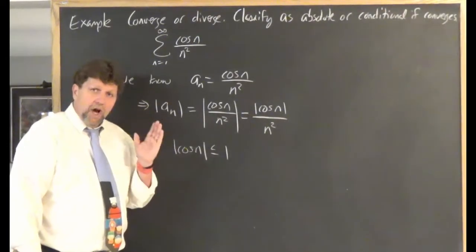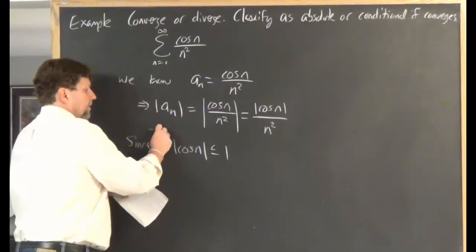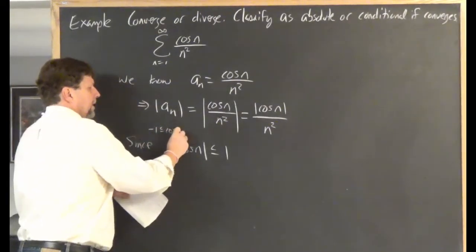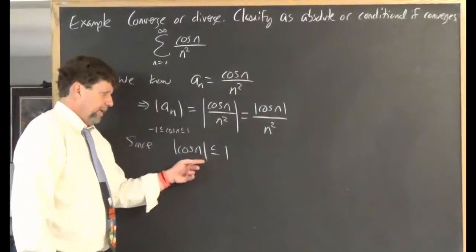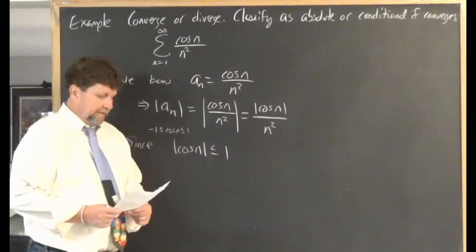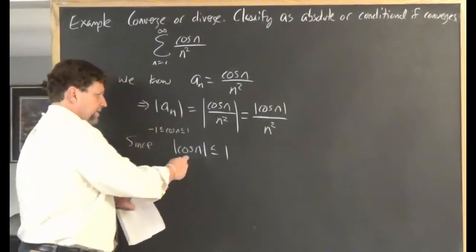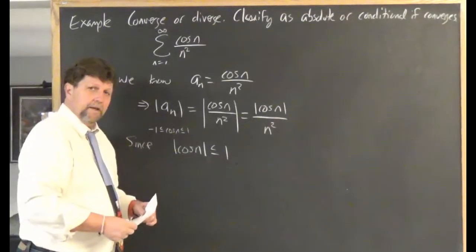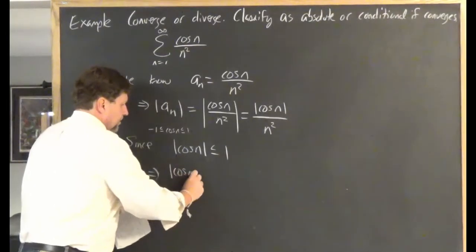I mean, we know cosine n is trapped between -1 and 1, and this compound inequality can be rewritten as this absolute value inequality. I could divide both sides of this inequality by n squared.